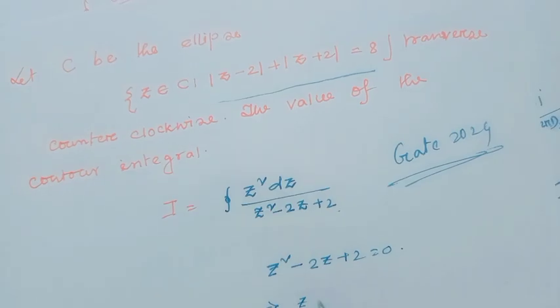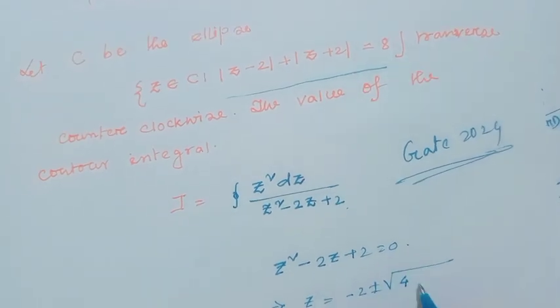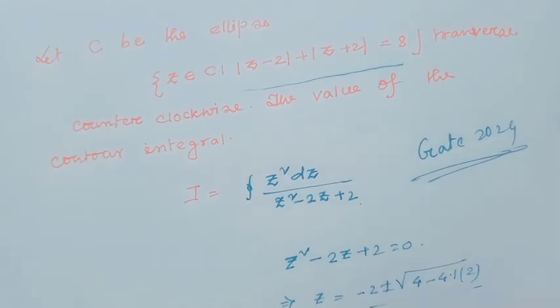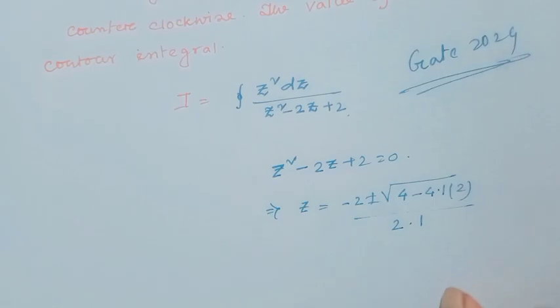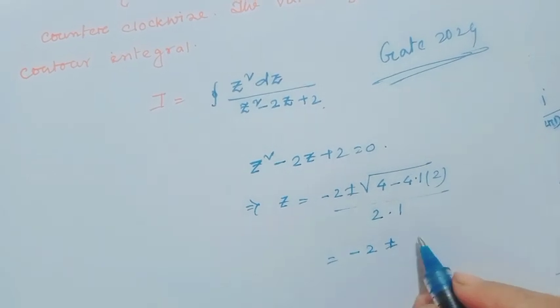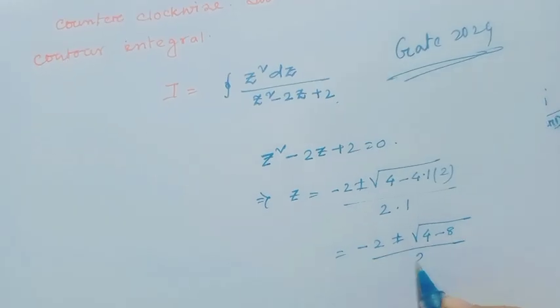That means z equals minus b plus or minus square root of b squared minus 4ac, over 2 times 1. This value is equal to 2 plus or minus square root of 4 minus 8, over 2.